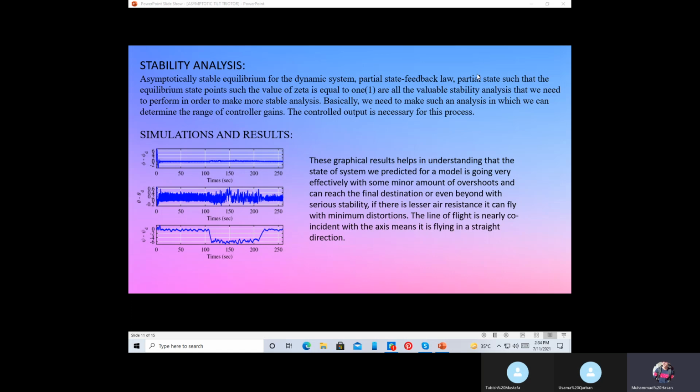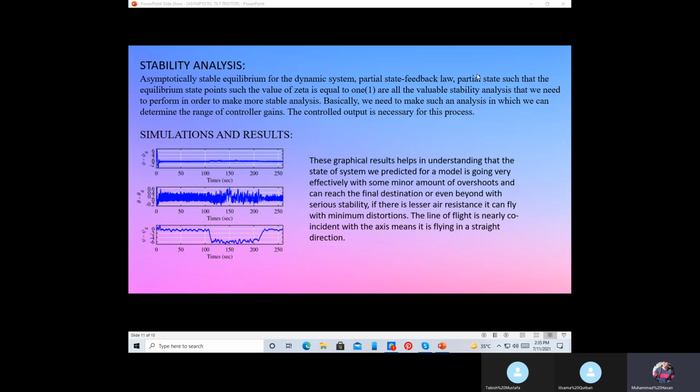You can say that this is partial integration, such that the equilibrium state points here, but we have made our system asymptotically stable, which will give the value of zeta equal to 1, and we want our system to be critically damped, as we have discussed already that damping is necessary.